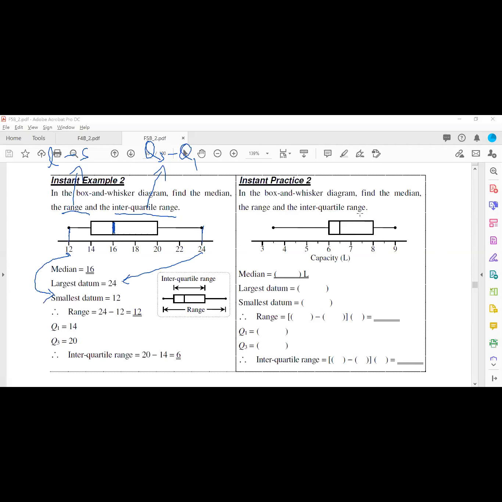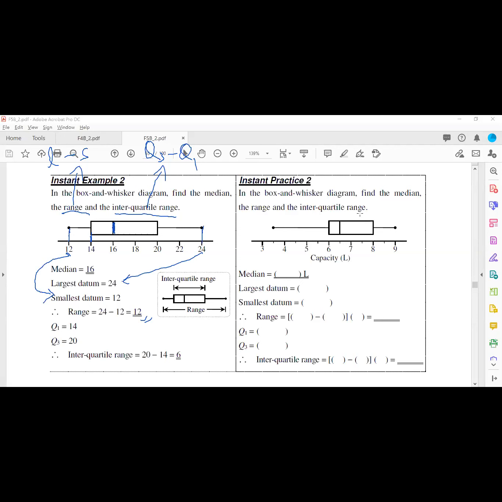And then the range is equal to the largest datum minus the smallest datum. So that is 24 minus 12. So the range is equal to 12, like this. And finally, to find the interquartile range, we need to find Q3 and Q1. Q1 is the left side of the rectangle.